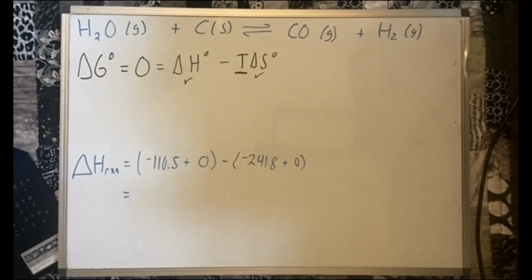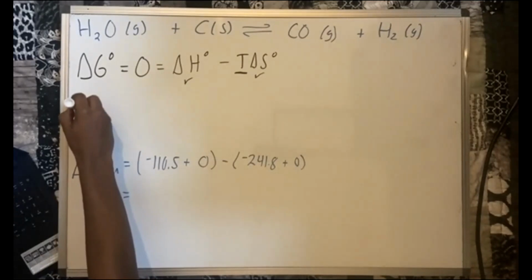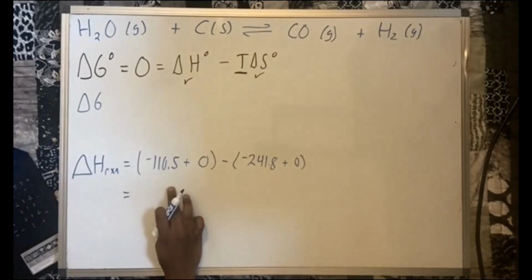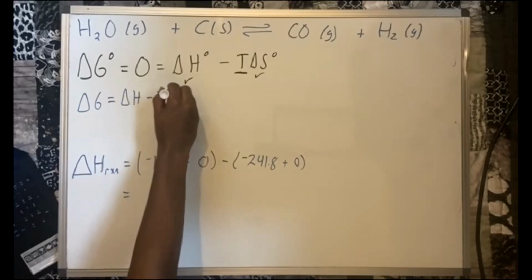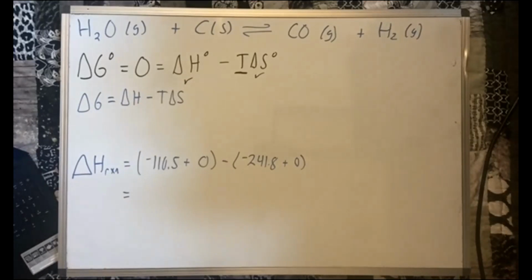Are we given that equation? Yeah, you'll be given this. The delta G equals delta H minus T delta S. The delta H, I think you're given that one as well. Check my old quizzes. They're not in here.